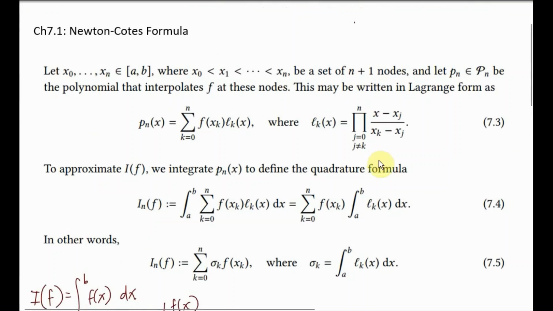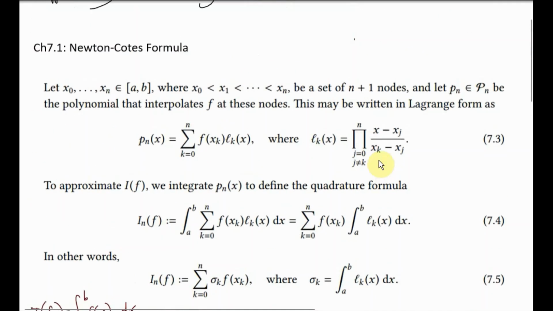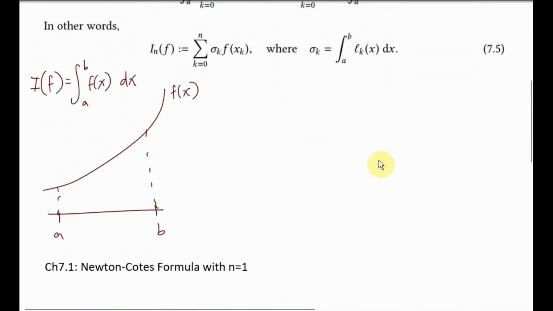Before we get into the maths, let's just understand some of the visuals first. The idea of the Newton-Cotes formula is that we have the original function here, but what we want to do is use some nodes over this interval a b.